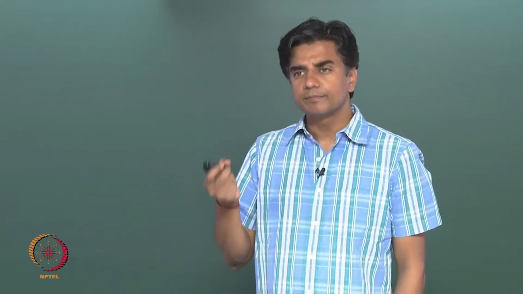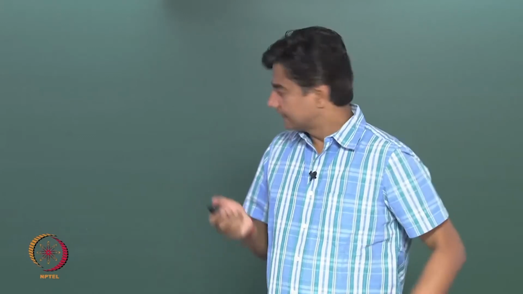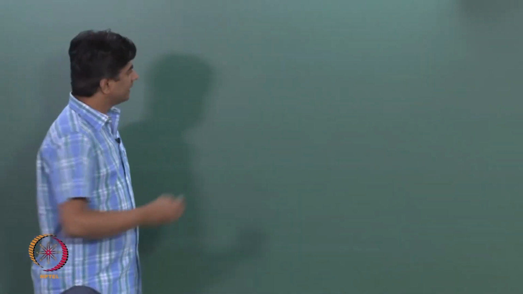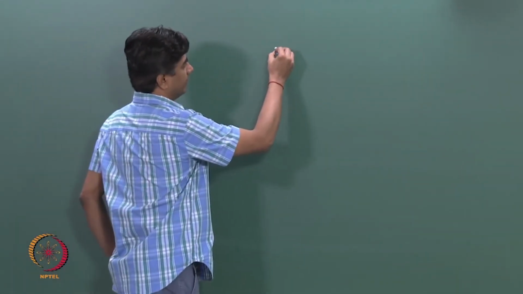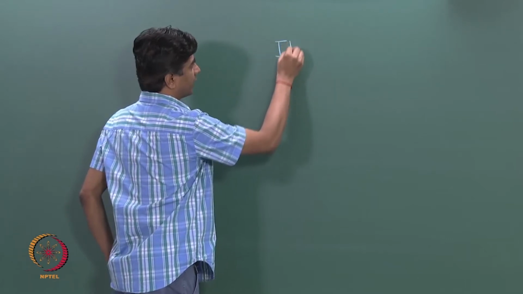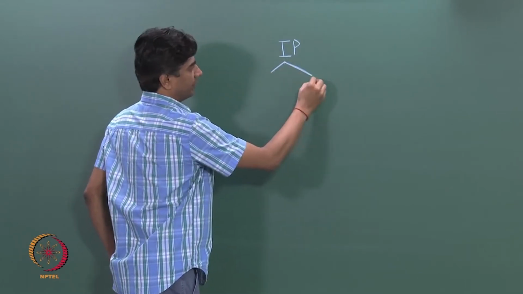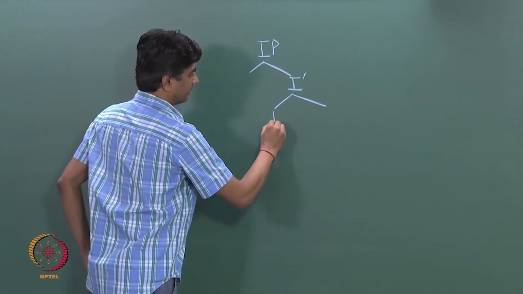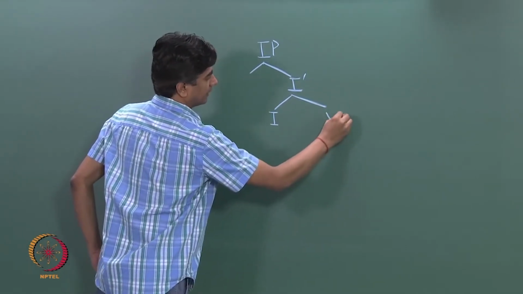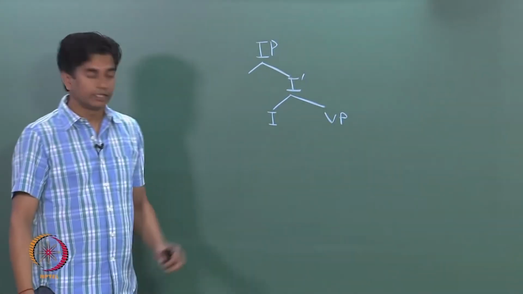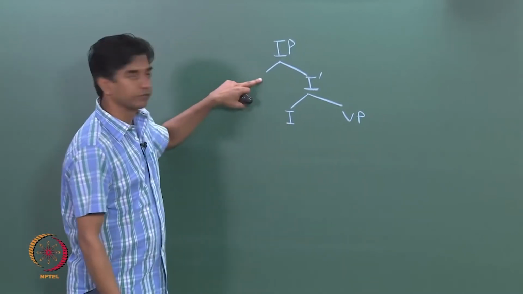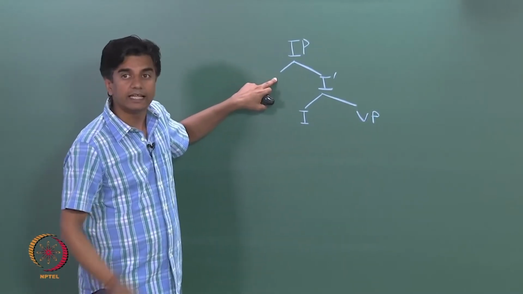Finite clauses simply means that in an X bar scheme, let's say we are talking about an IP. This is where we are going to have objects and this is where we are going to have subjects in X bar scheme.